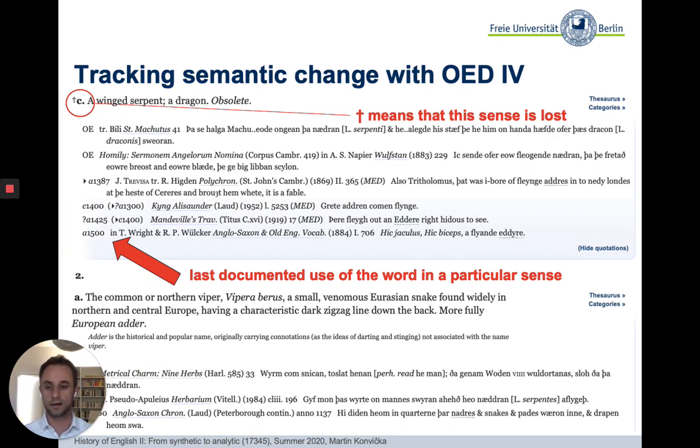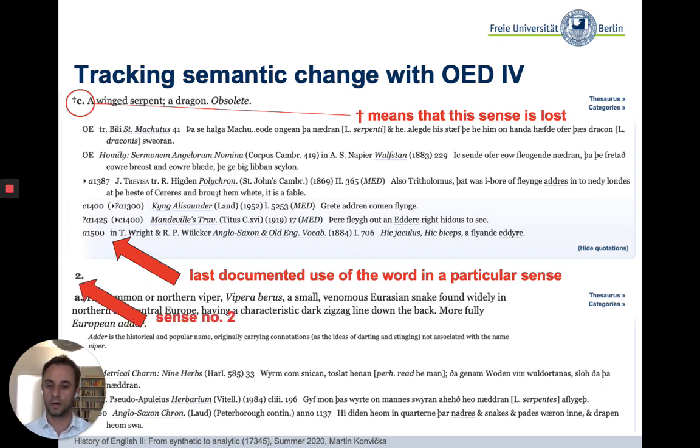So the very last entry tells you approximately when was the last time this word was used in this particular sense. So in the case of adder for a winged serpent or dragon, we see that it was sometime before the year 1500.